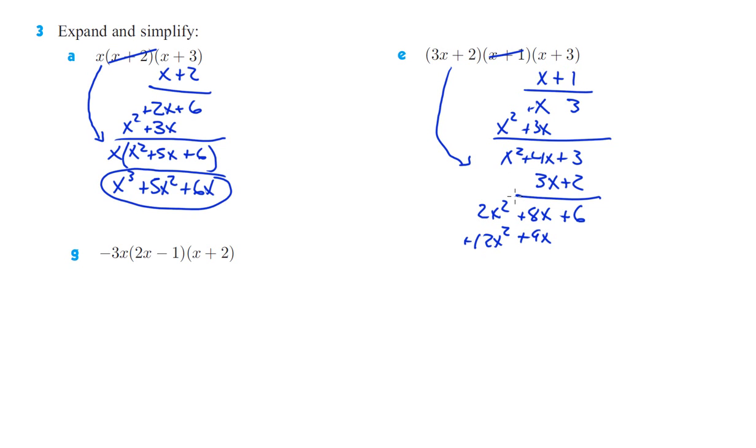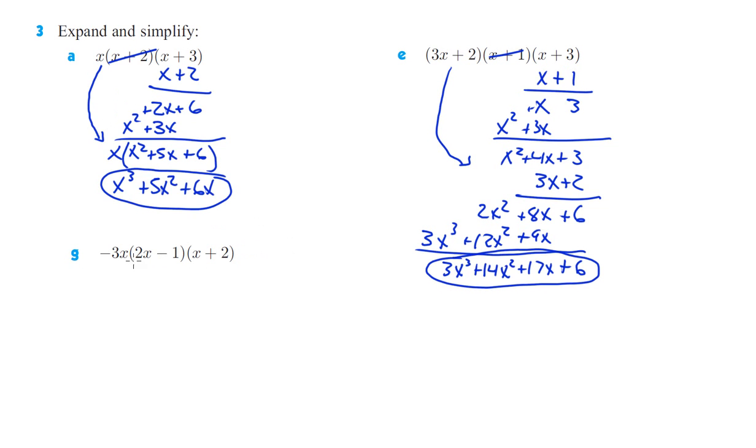And then 3x times x squared is 3x cubed. So now add those all together. That's 6, 17x positive, and that's positive 14x squared. And then there's our 3x cubed. All right, and that's what those equal, all multiplied together.